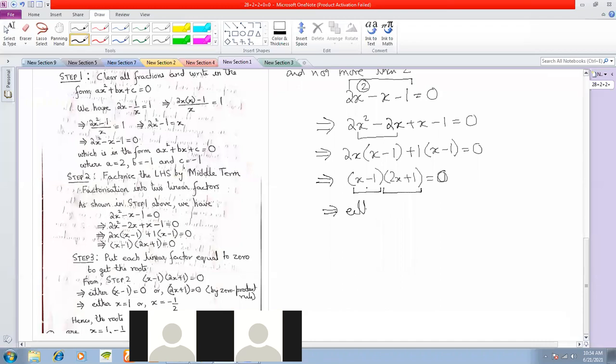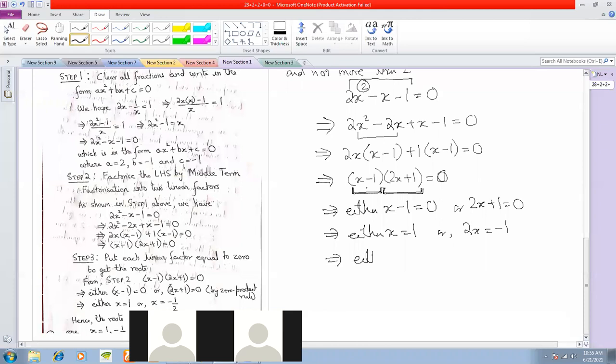That means either this number has to be 0 or the next number has to be 0, right? So that means now you get two linear equations, x is equal to 1 or 2x is equal to minus 1.